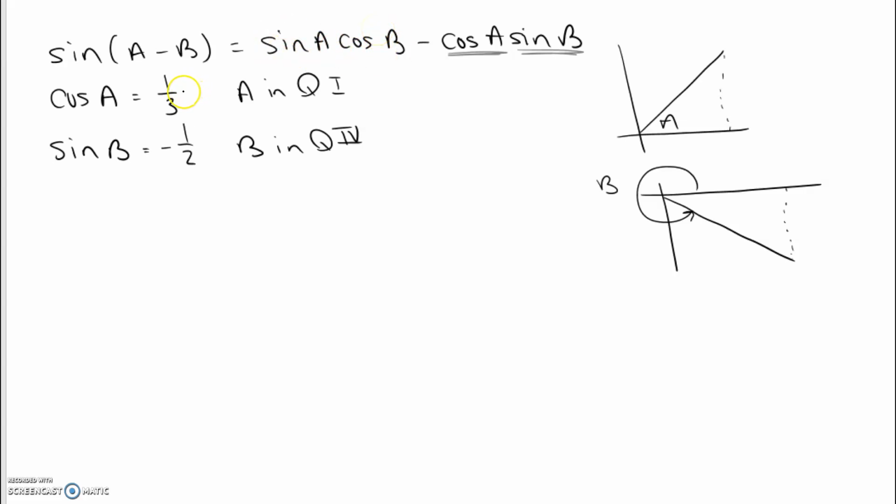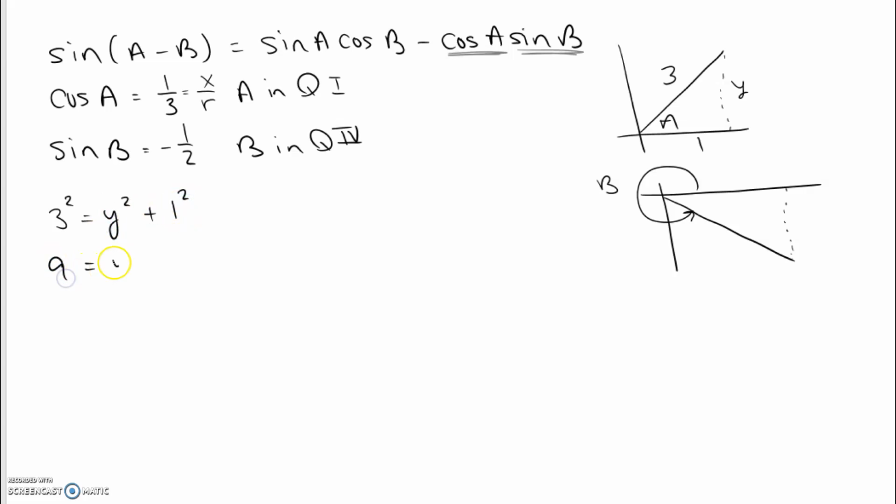Okay, so for a, they say that this is x over r. So for a, this is 3 and this is 1. To find this right here, we can use the Pythagorean identity. We'll say that this is y. Okay, so 3 squared is equal to y squared plus 1 squared.